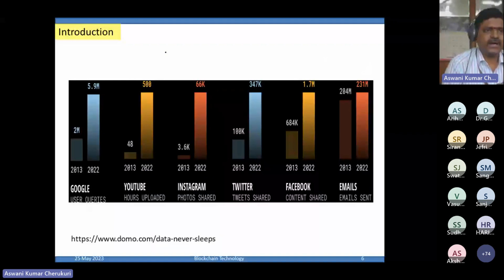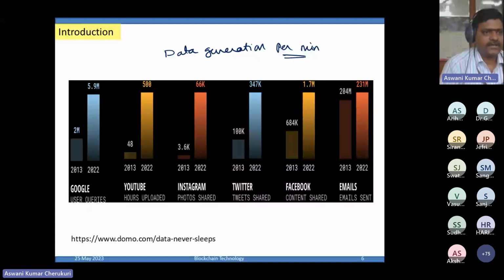Now, if you see how the data is getting generated, these are the statistics per minute. In 2013, per minute, Google was processing around 2 million Google queries. Whereas now, per minute, Google is processing 5.9 million queries across the globe.